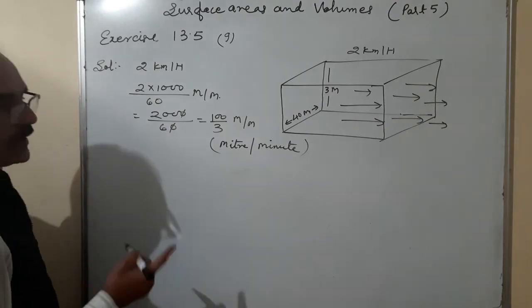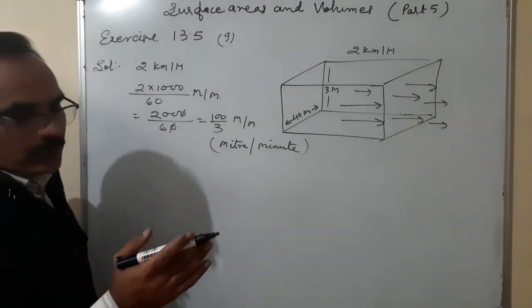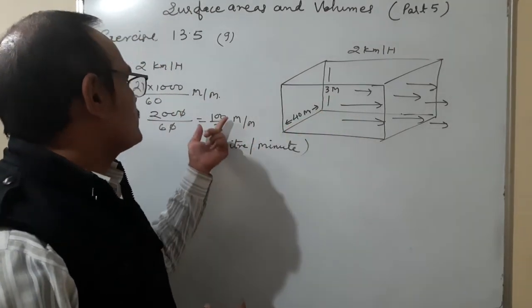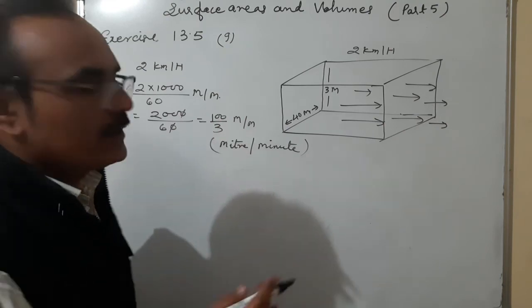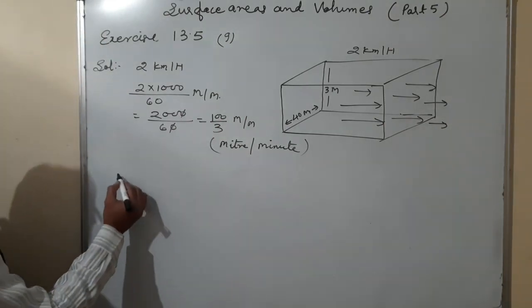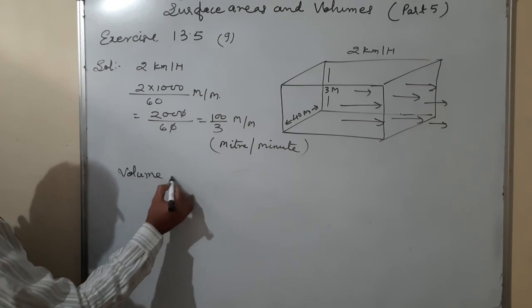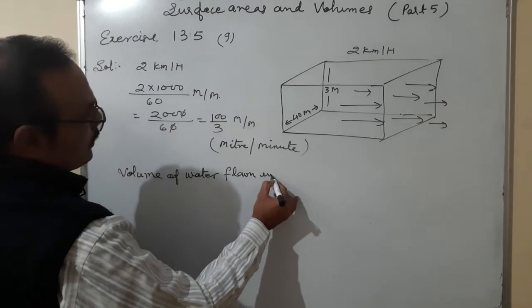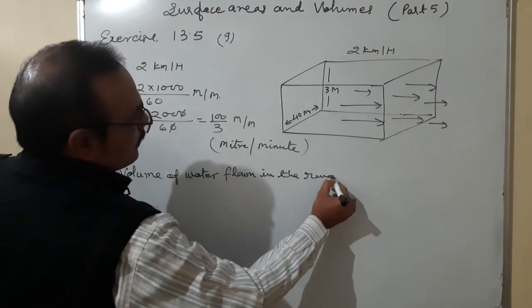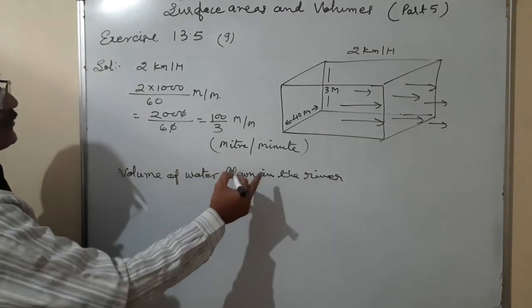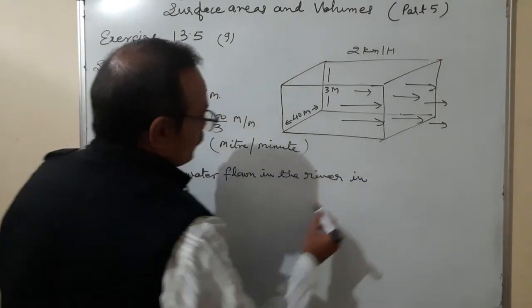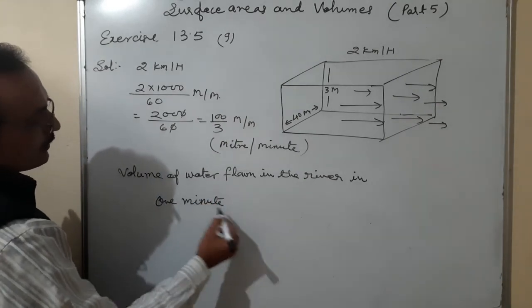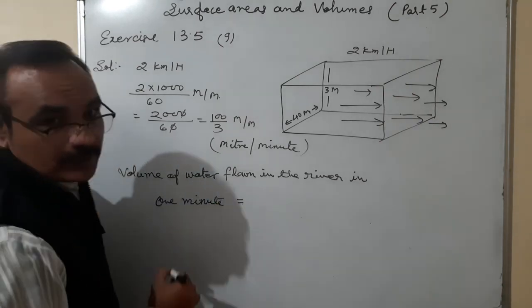So I am writing here, by the way, using the formula volume of cuboid, length into breadth into height. But here in 1 minute, the water release 100 upon 3 meter. Okay. So I have to write here the volume of water flown in the river in 1 minute is equal to length into breadth into height.